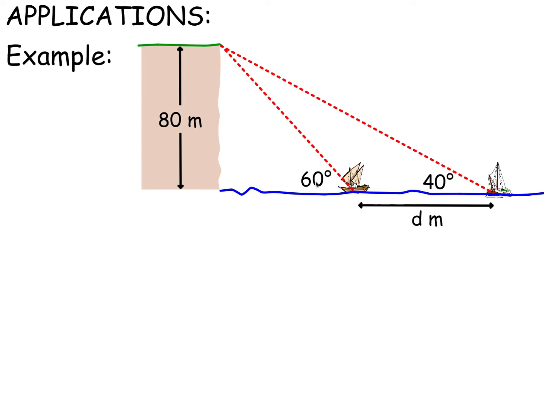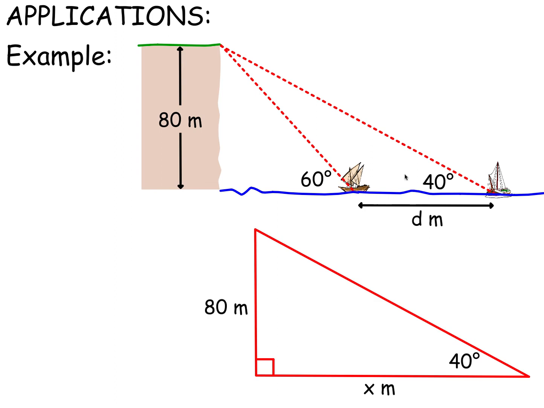It involves angles and sides of triangles, because if you look at a big triangle, 80 metres tall, out to the second ship with this 40-degree angle, this distance x is the distance from the ship to the bottom of the cliff.